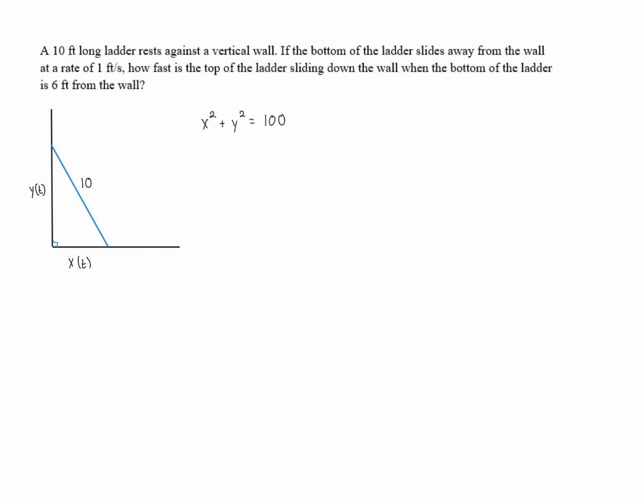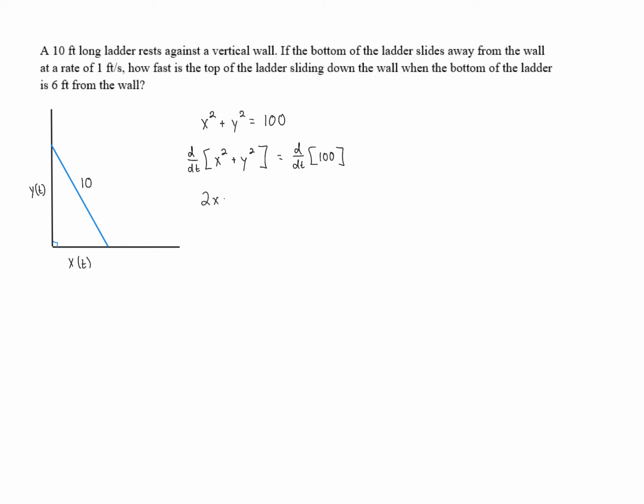So we want to differentiate both sides of this with respect to time, because these are functions of time, remember. So we've got the derivative of x squared plus y squared equals the derivative of 100. Now the derivative of x squared is 2x, except, remember, we're differentiating with respect to time.